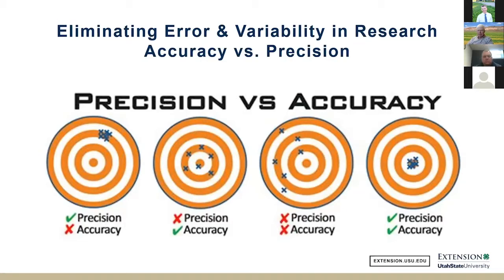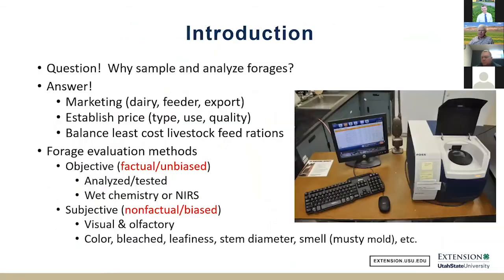This might be the case if you take a really good sample and the lab you happen to send it to had a problem with their equipment and gave you bad results. Whereas on the far right, if you have your sampling technique down and the lab doing the analysis is participating in an accreditation program and their accuracy is continually evaluated, then you have both precision and accuracy.